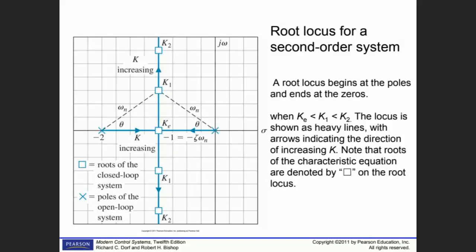it's starting from this point. When you increase K, then coming to this point, both poles are equal now. Then moving like this.